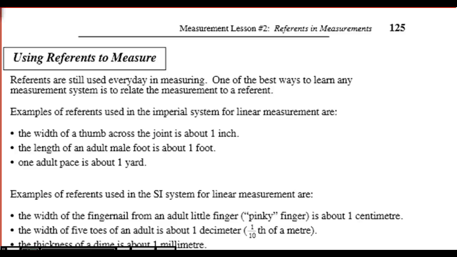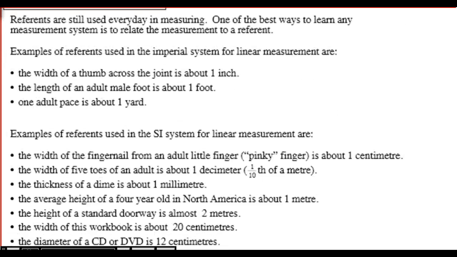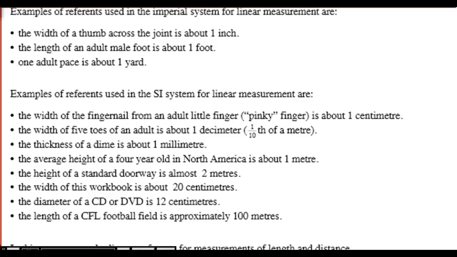Well, before we do that, you should know some common references for these measurements. For example, an inch is about the width of your thumb. A foot, just like it sounds, is the length of a male foot. 1 adult pace is about a yard. And that's for Imperial.